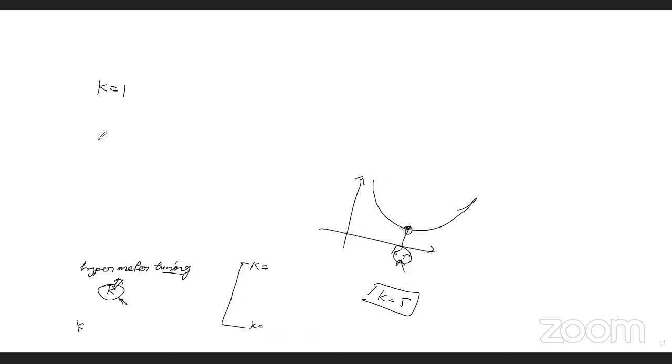And for k equal to n, you have n examples. So for a lower value of k, it may overfit. You memorize all the data, right? And for a higher value of k, it may underfit.